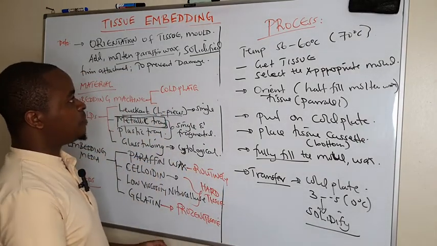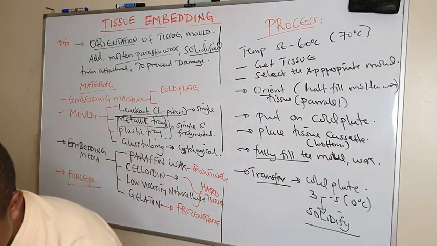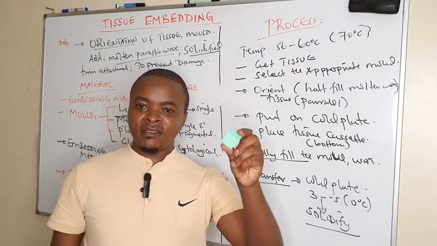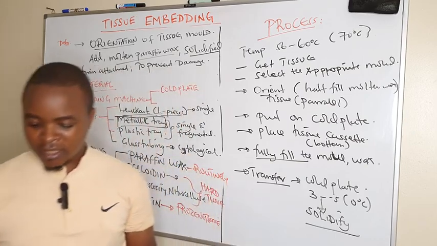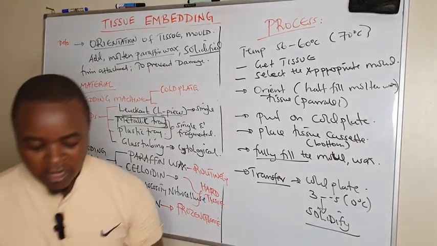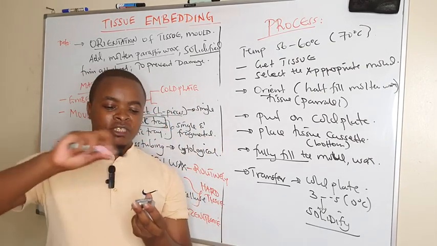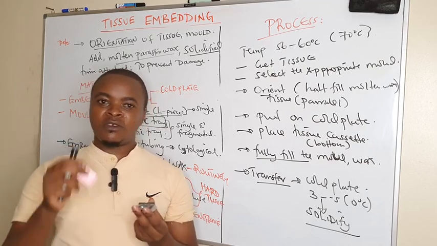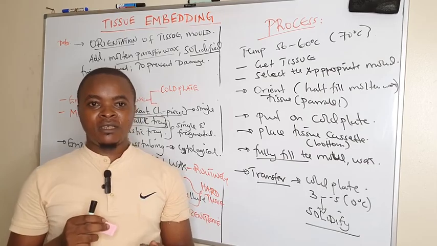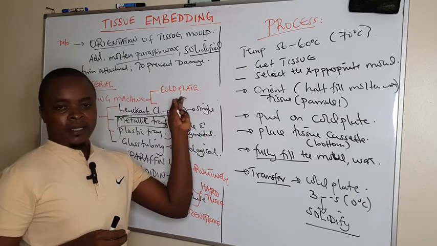We can talk about the process of embedding, whereby we said you pick the tissue from the tissue cassette using a forceps. Then according to the size, you obtain the mold of the desired size. Then using a forceps, after adding a little wax, you orient the tissue. After orienting the tissue within the mold, that's when you bring it to the cold plate.